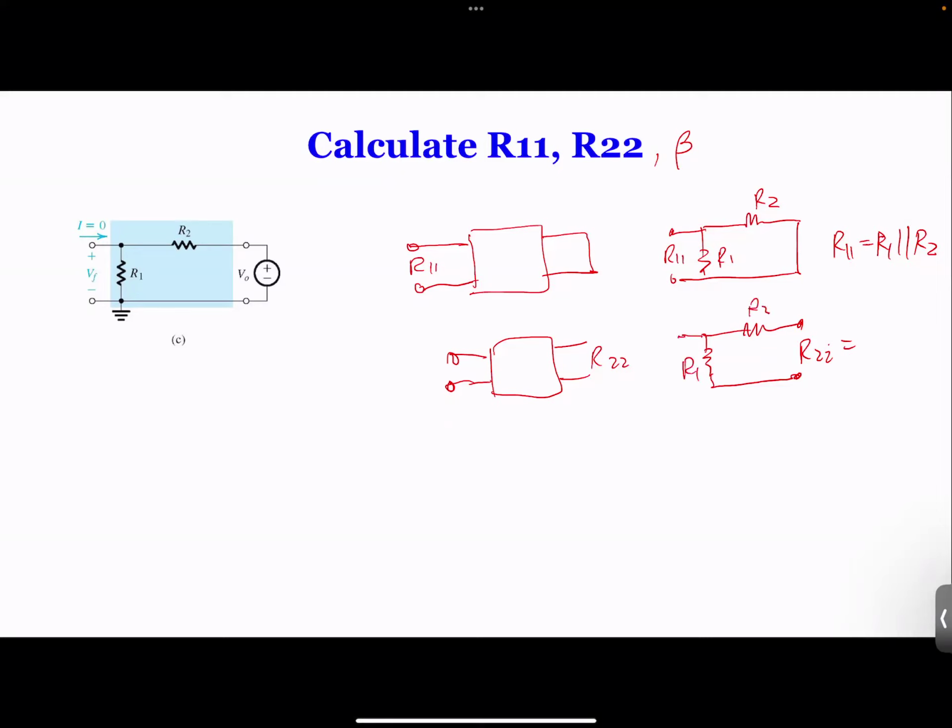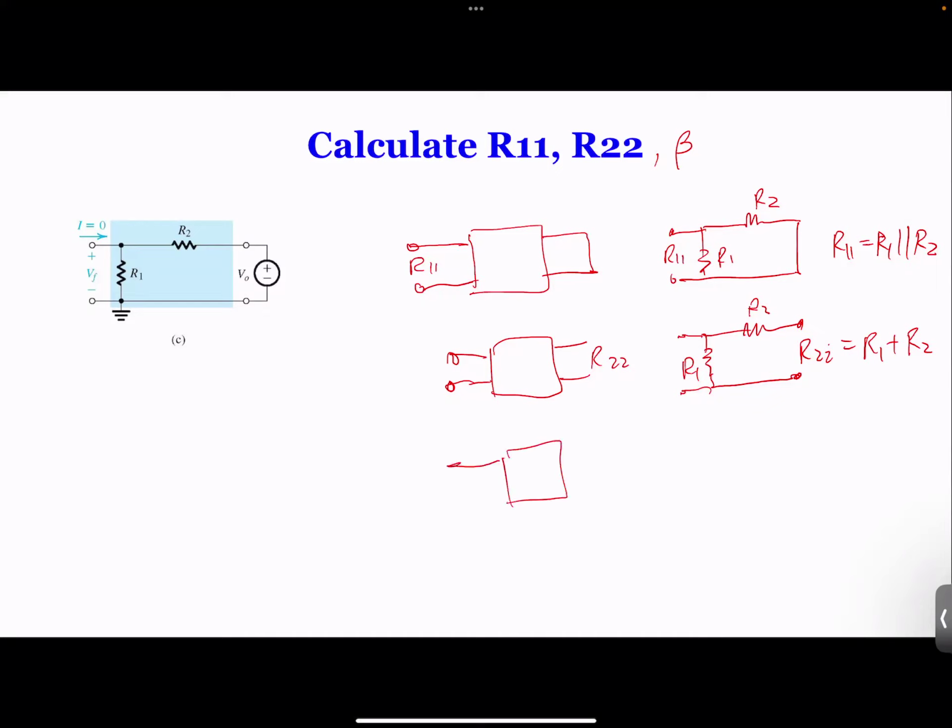Of course, you can have this one here, it doesn't matter. So for R22, you have two resistances. Now tell me, are they in series or are they in parallel? They're in series because the other side, basically here and here, is open. So these two are in series. So you have R1 plus R2.